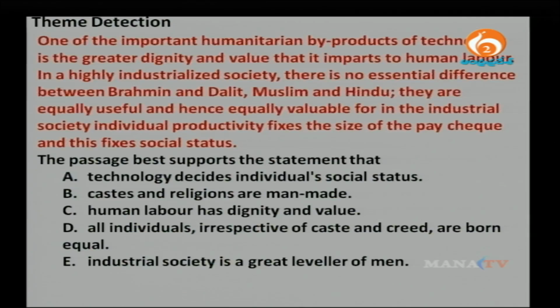All right, the correct answer here is human labor has dignity and value, which means when you work you gain respect, dignity, and that leads to value of the person in the society.